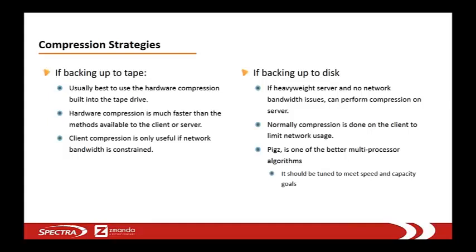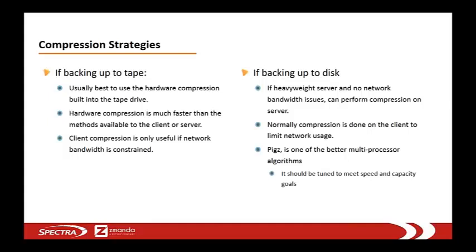If you're backing up to disk, you've got a few options. Some NASs support compression, and if they do, it would probably be best to go ahead and enable it on the NAS device. Otherwise, you're going to want to balance between the capabilities of your backup server and the capabilities of your clients.